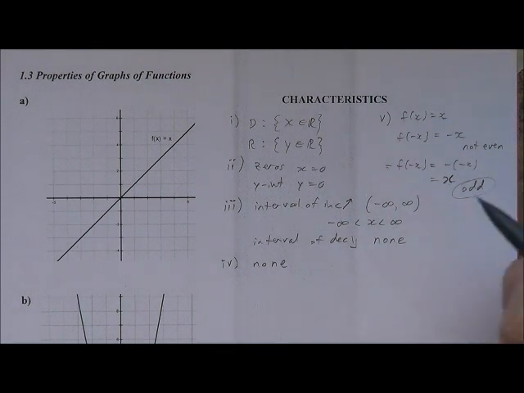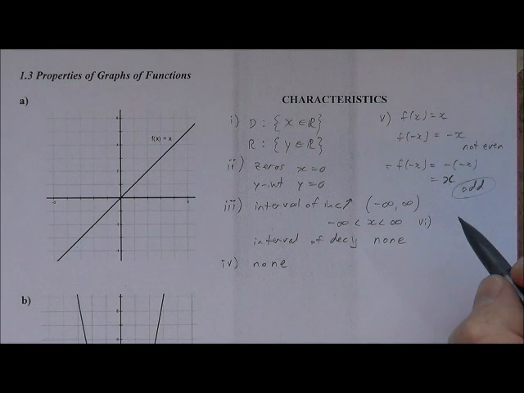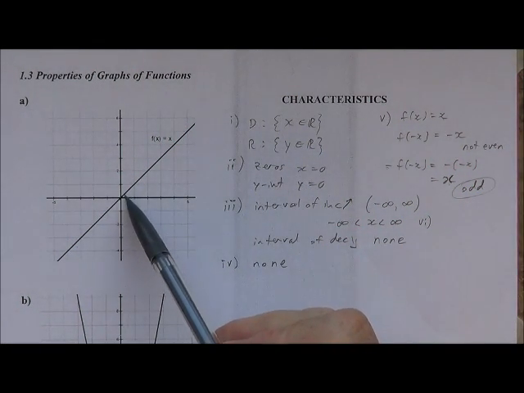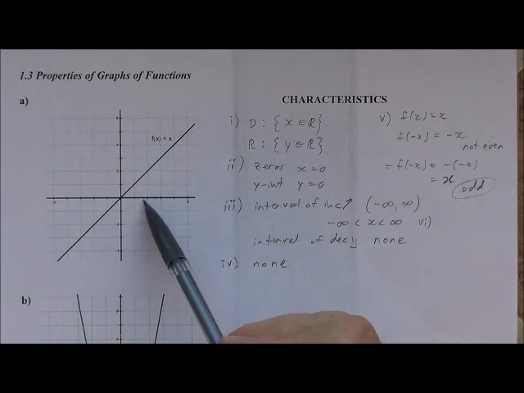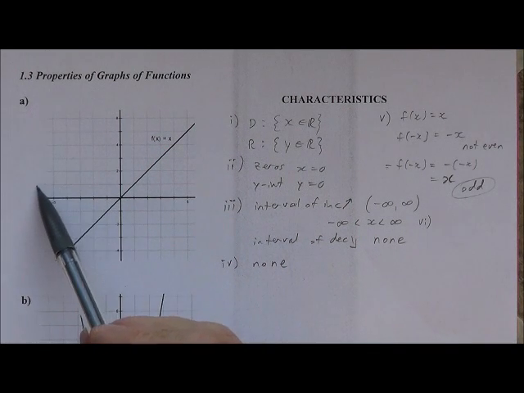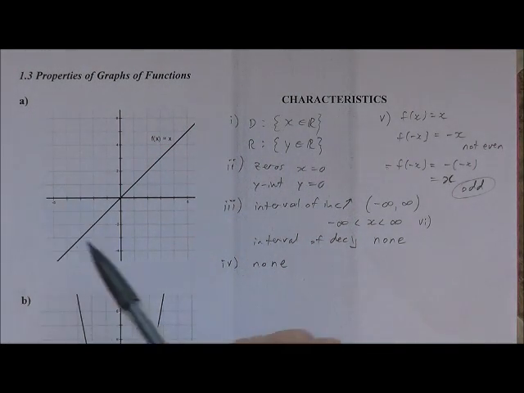And for part 6, end behavior, we take a look at what happens to the graph as x gets really, really big, positive towards positive infinity, and when x gets really, really big, negative towards negative infinity.